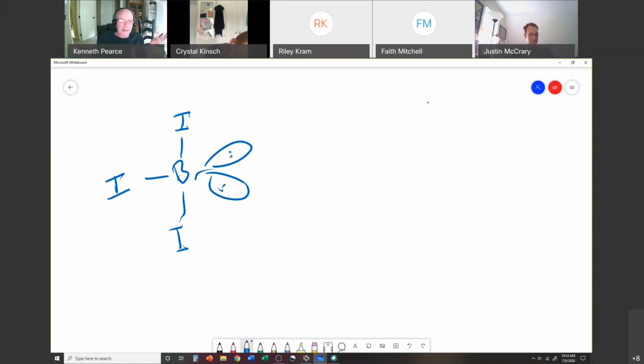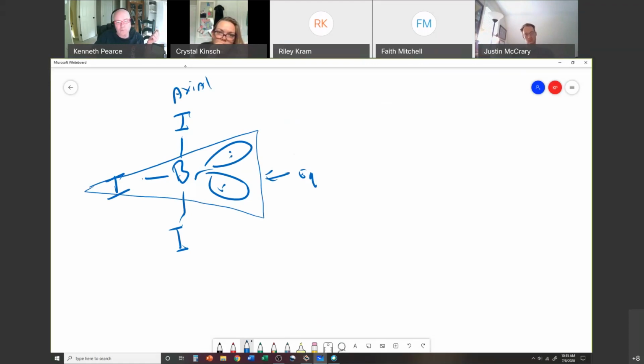And I'm going to show you, there's a table, but I'm just kind of showing you some examples. If you look on the plane here, there's an equatorial part and then there's an axial part. So this is axial, this is equatorial, because it's on the equator.